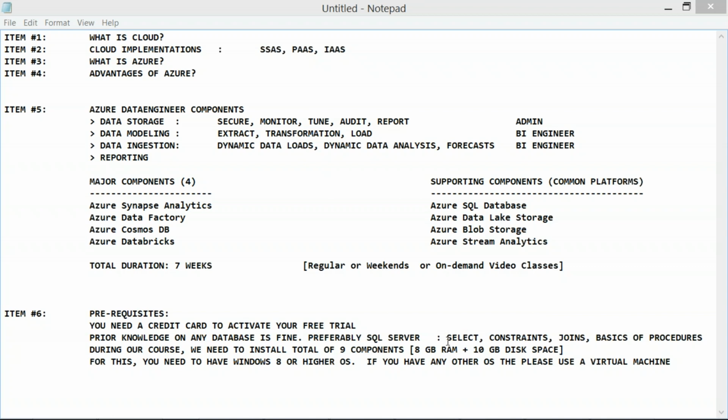Just select statement, constraints, joins, and basics of procedures should be fine to understand the implementation process, dynamic data loads, parameters, filters, alerts, and other components. Keeping in mind our complete 100% practical example sessions, these basics should be fine.